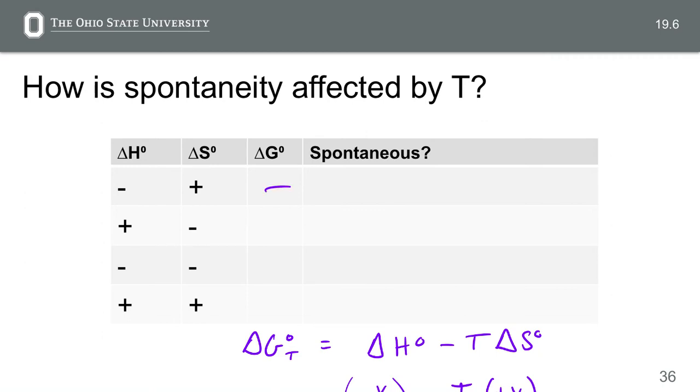Negative. Negative always, right? Which means that at any temperature, given a delta H with a minus sign and a delta S with a positive value, the reaction will be spontaneous.